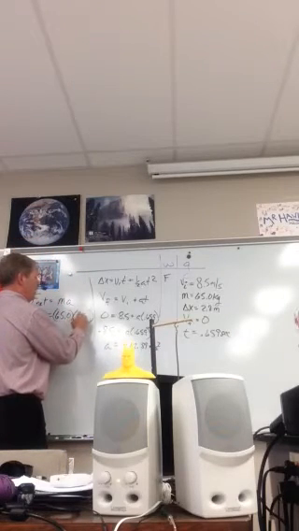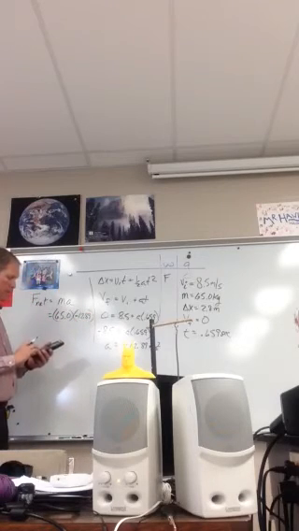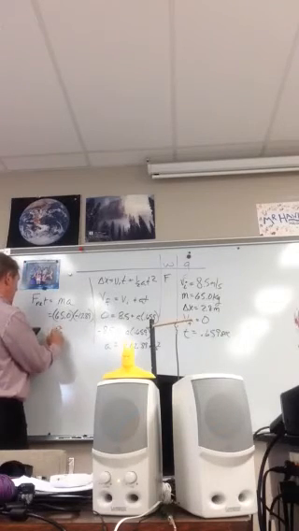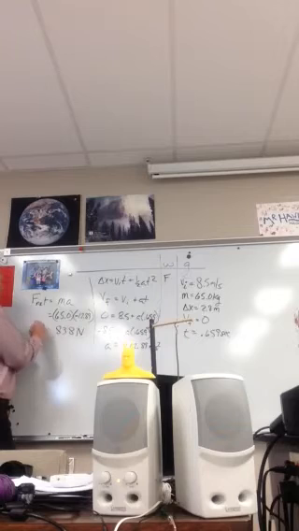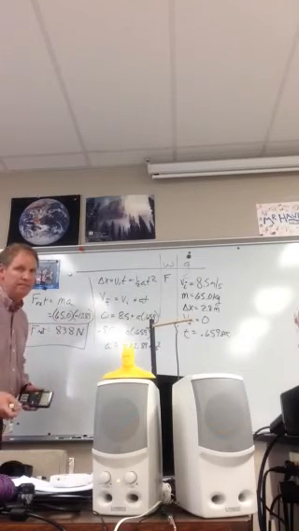Negative 12.89. I take this times this. 65 times 12.89, that's negative, and it comes out to be 838 newtons. Okay, and I rounded a little bit. And that's how to do question number 2.